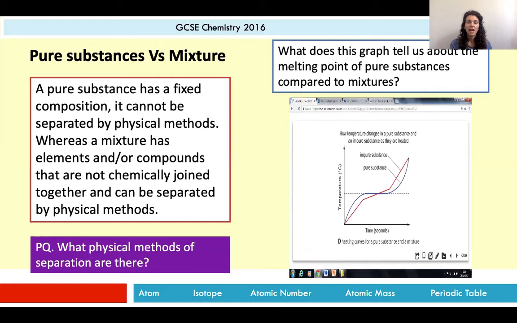Whereas a mixture has got elements or compounds in that are not chemically joined together. So you can use different methods to separate them, like filtration or evaporation, crystallization, that sort of thing.